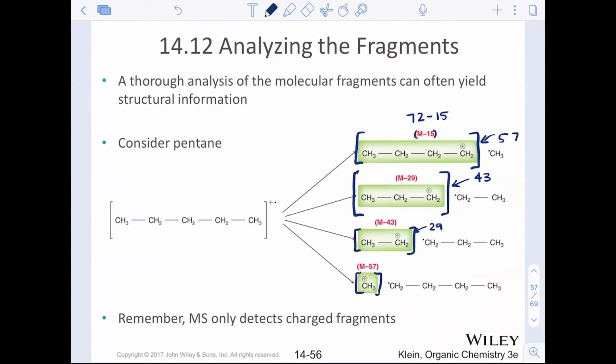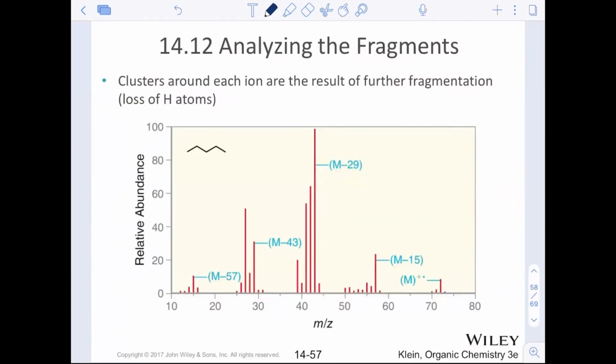So what we're starting to see is that the mass spec is detecting the charged fragments, the positively charged fragments. And when we look at the spectrum, what we should be able to start to decipher is the tallest peaks in a group can help us understand what fragment popped off, what fragment was left over, things like that.